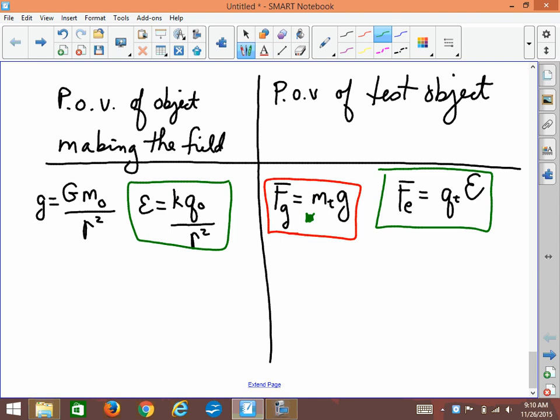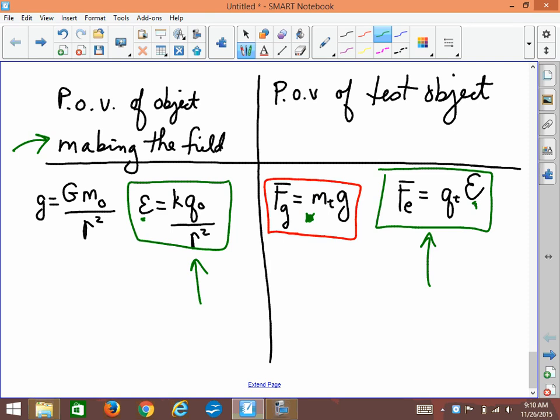So if the information you're given has a lot of information about the object making the field, you can do this and figure out your E. But if it has more information about the test charge that you're dropping in, you can do this, and you can get your FE this way, right? Of course, you have to know the field strength in order to do that. Often with electricity, there are 2 questions in one.